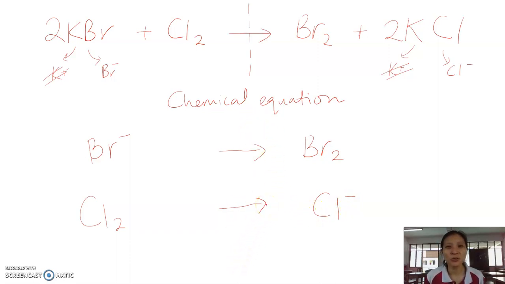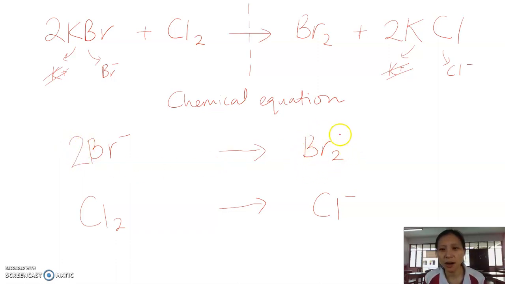Okay, so now I want to write my half equation. So what do I do? In order to write a half equation, we have to add e inside. So I have to add e to this first equation, Br- produces Br2, and I have to add e into this second equation where Cl2 produces Cl-. First of all, I want to put a 2 in front of this Br-. Why?